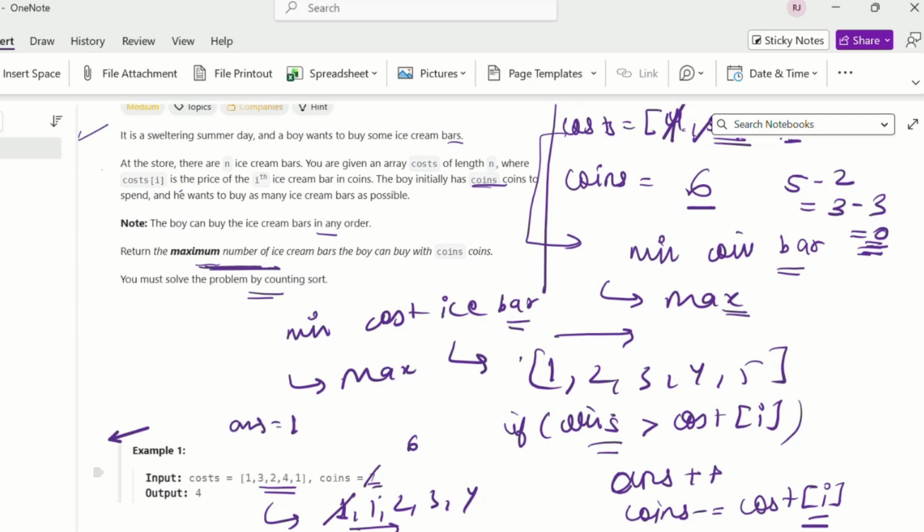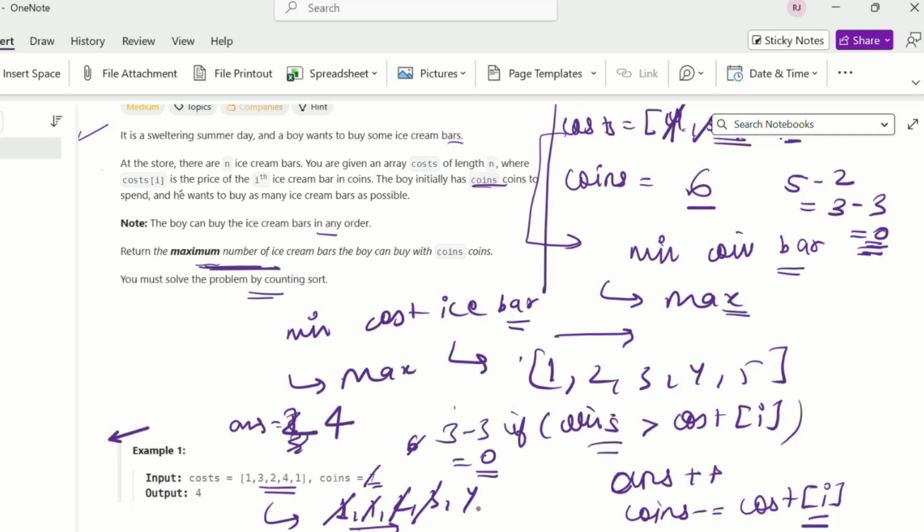Then second, again I buy this ice cream bar, so my coins will be 5, and the answer will be 2. Now again, if I buy this, my coins will be reduced by 2, so it will be 3, and my answer will be 3. Now again, if I buy this, it will reduce by 3, so coins will be 0, and my answer will be 4.